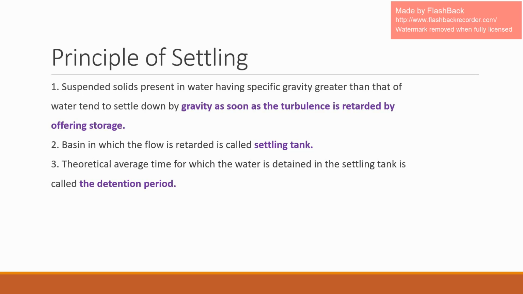That bucket is the offering storage, and the particles thrown in have a specific gravity more than that of water. After some time, you can see that all those particles have settled down at the bottom. This is settling taking place.